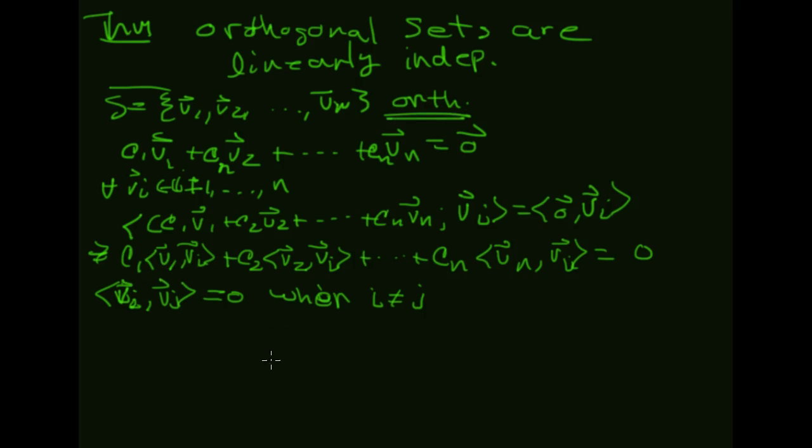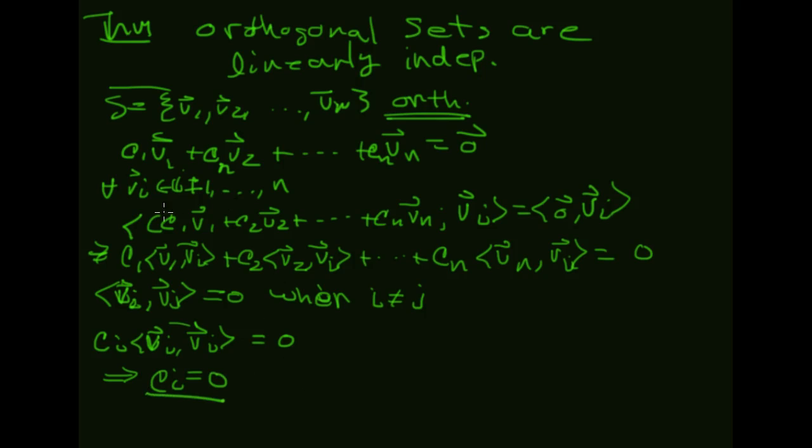So quite literally, this sentence is just going to reduce to ci times the inner product of vi with vi is equal to 0, because all of the other terms became 0 because of the orthogonality. Well, since vi can't be the 0 vector, this cannot equal 0, so this implies that ci has to equal 0.